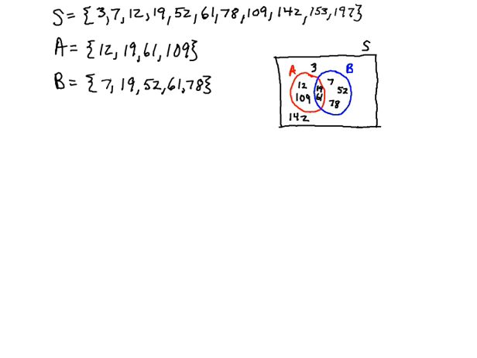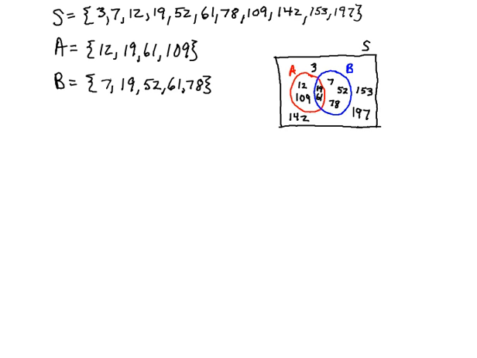I'll just put it anywhere outside of A and B, but still within the sample space S. And 153 is outside of A and B, but it's still in the sample space, and actually 197. So there are 4 values outside of A and B, but within the sample space.